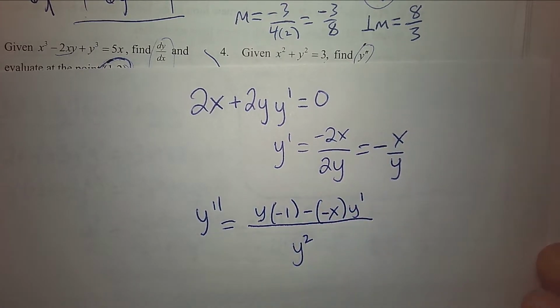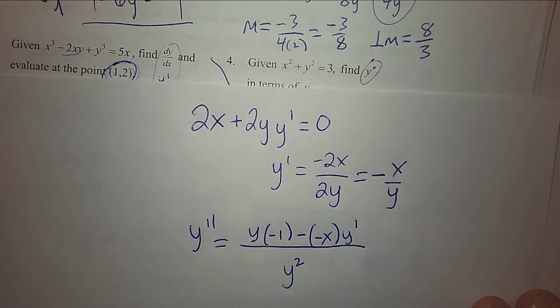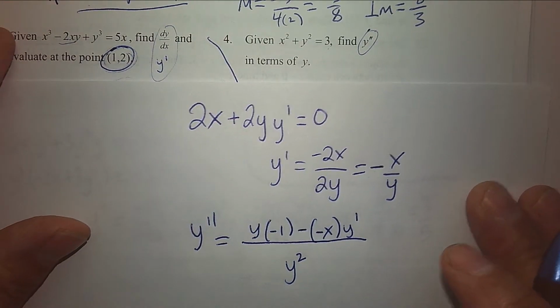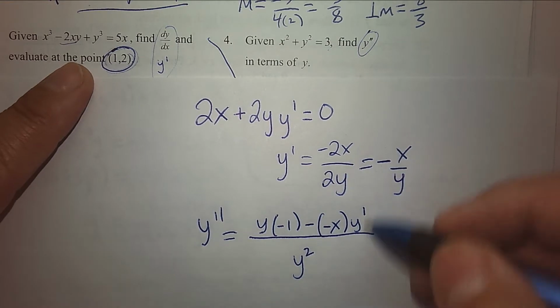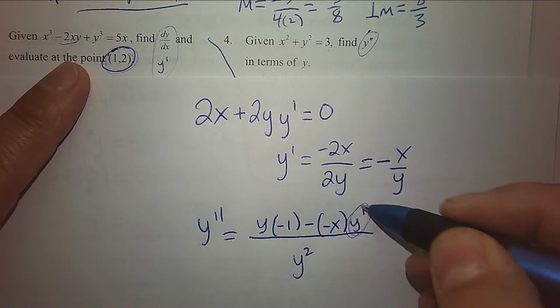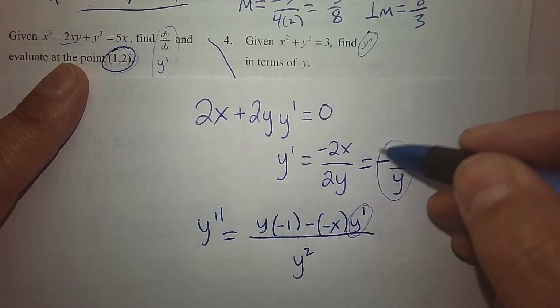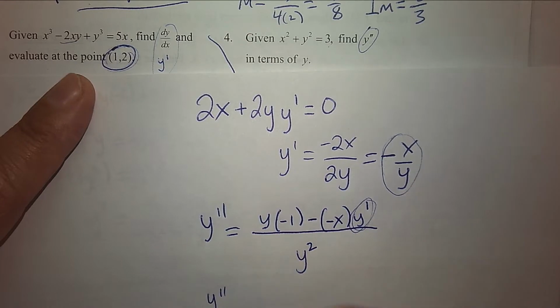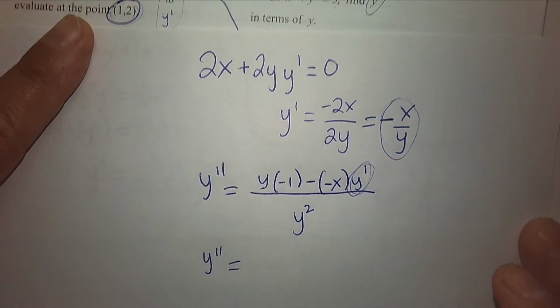And the question was to make sure you put the final answer in terms of y. So no y prime. What can I put in place instead of y prime? What does y prime equal? We're going to do some basic algebra here and substitute in.